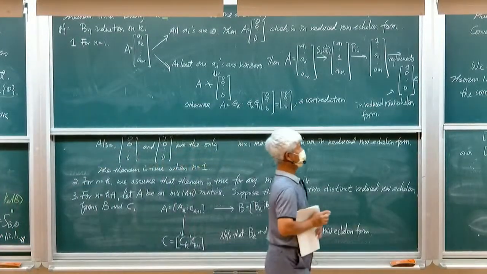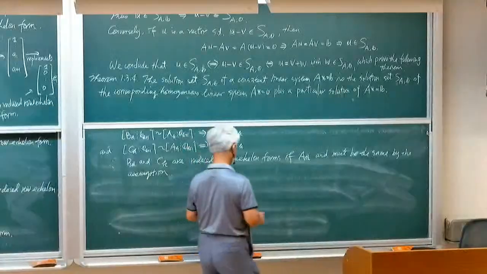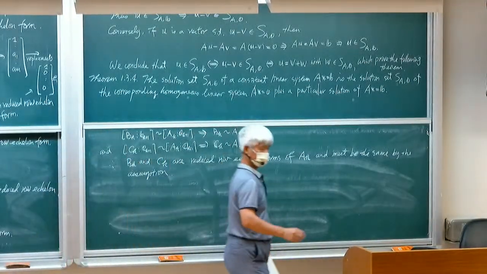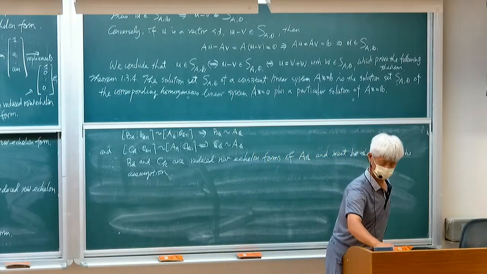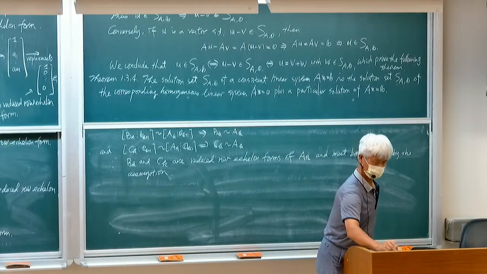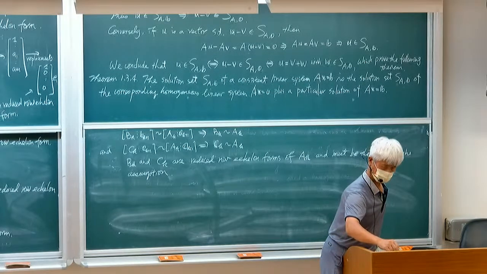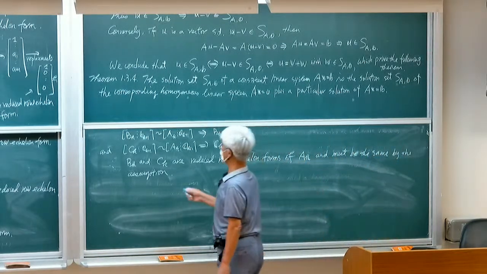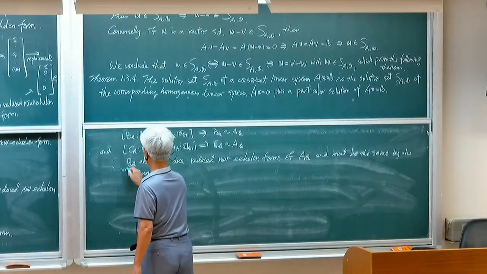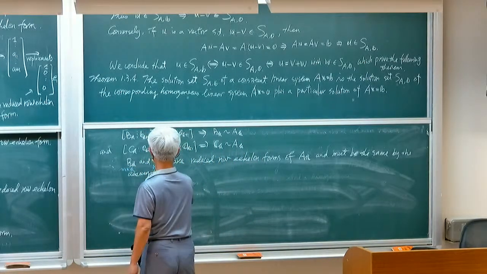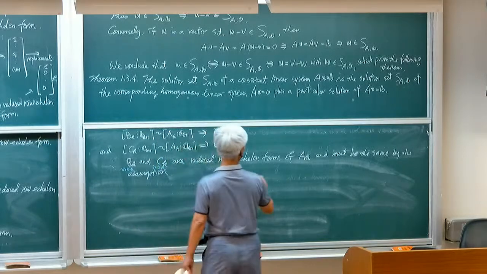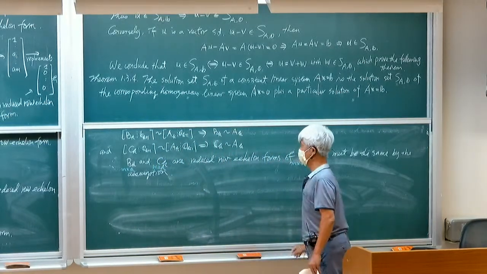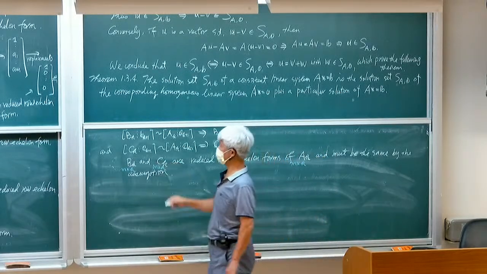So they have dimension m times k. Okay, so B_k and C_k are the same.